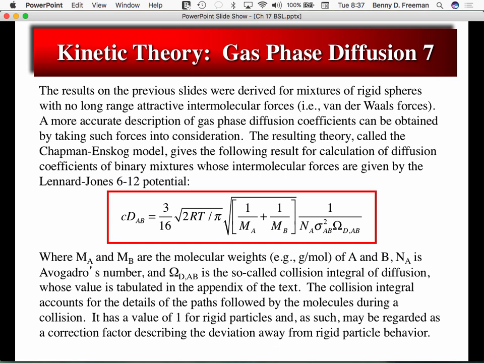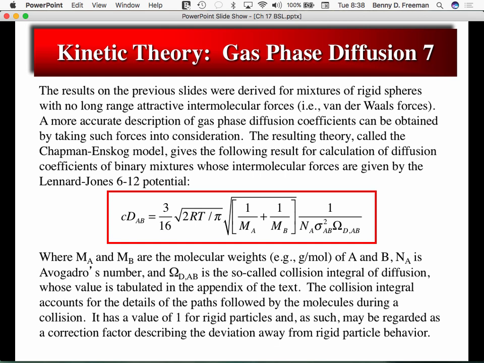And so, as you might recognize, this type of picture doesn't account for any intermolecular forces, and so there are more sophisticated statistical mechanics descriptions that do allow for attractive longer range interactions.